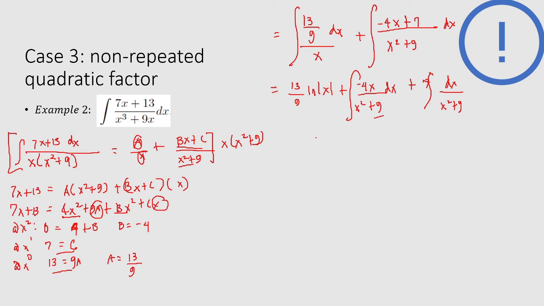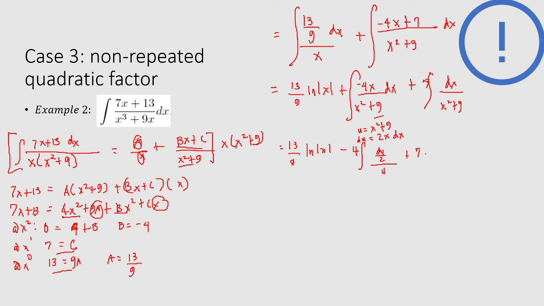So again, very easy. So this is 13 over 9 ln of x. Dito, that's minus. Let u as x squared plus 9. du equals 2x dx. So du over 2 is x dx. So labas po natin si negative 4. So minus 4 integral of, so si x dx is du over 2. Then x squared plus 9 is u. Then this one is 7 arctan.